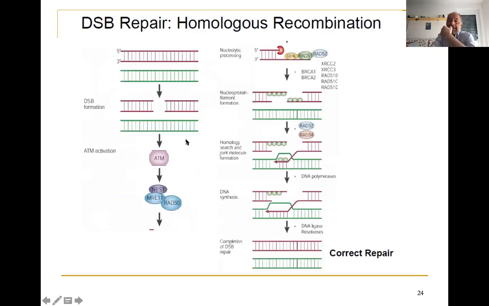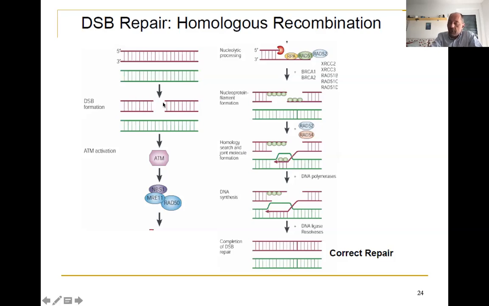So you see, here is a little bit more on the homologous recombination pathway. In the homologous recombination pathway, the first point is that you must have the two strands. So you have to be either in S phase, better in late S phase, when the replication is completed, or in G2. You cannot be in G1.